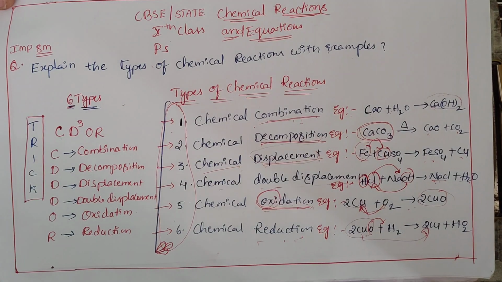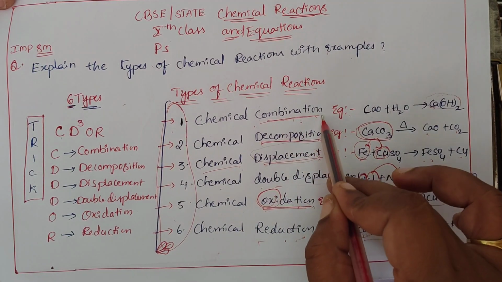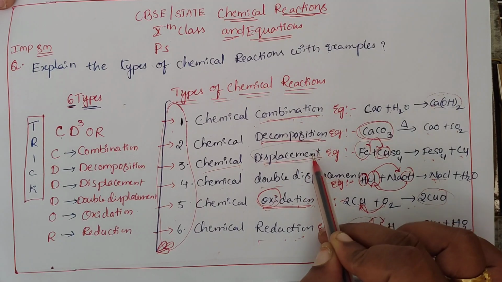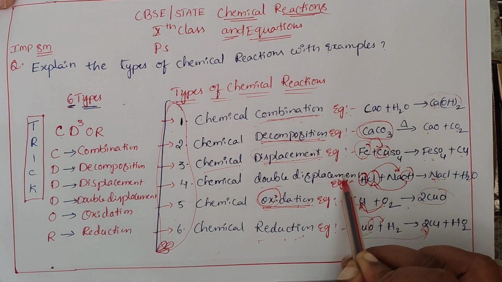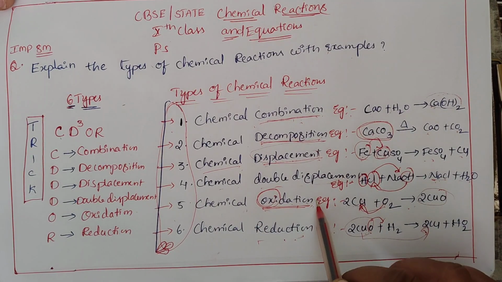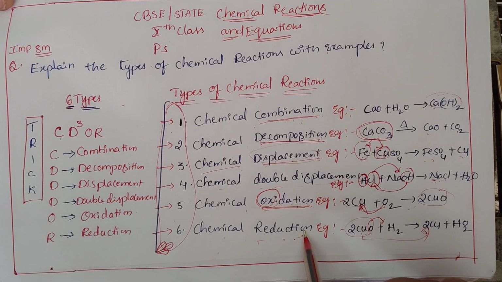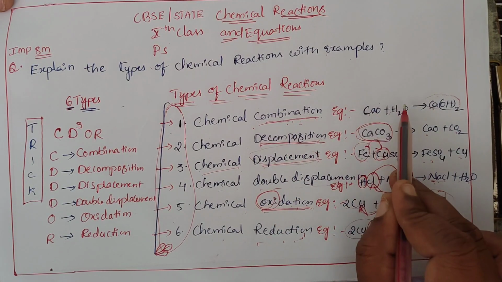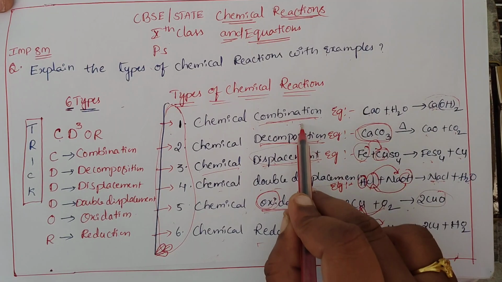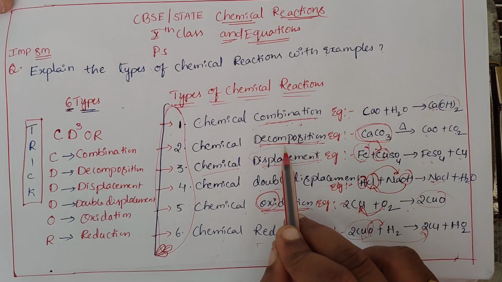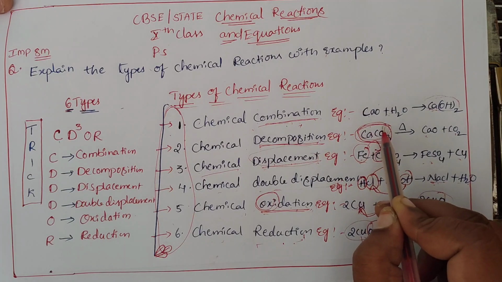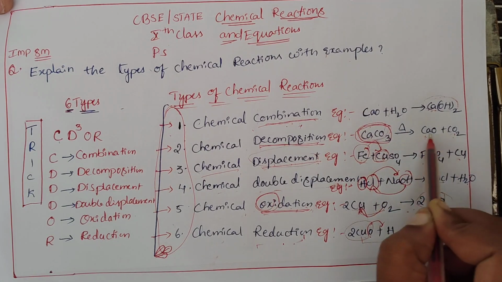So like that, we have 6 types of reaction: chemical combination reaction, chemical decomposition reaction, chemical displacement reaction, chemical double displacement reaction, chemical oxidation reaction, and chemical reduction reaction. In combination, two reactants chemically combine to give a single product. That's why this is a combination reaction. Whereas in decomposition, a single reactant breaks into two or more products.